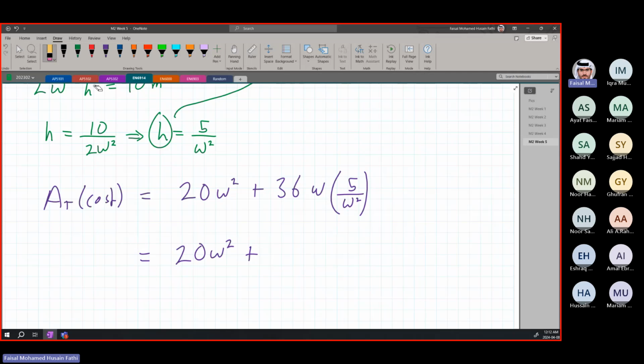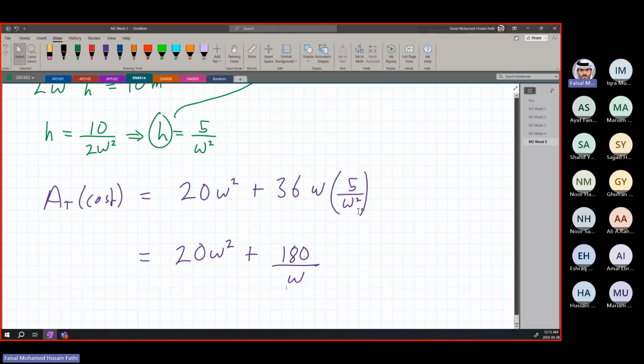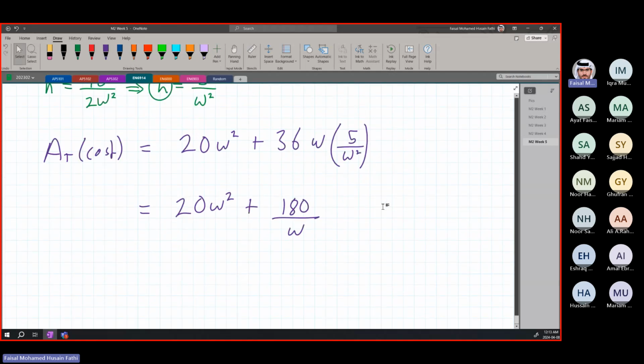Let's first simplify. 36 times 5 is 180. W over W squared is just going to be 180 over W. All right. And now we have 1W up, 2W down. So it will become 180 over W. And this is our total cost.